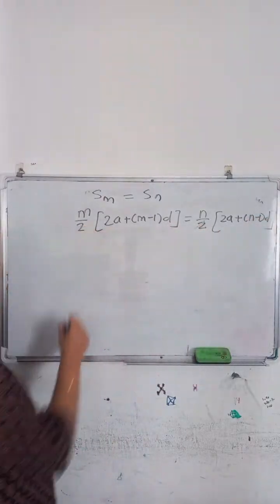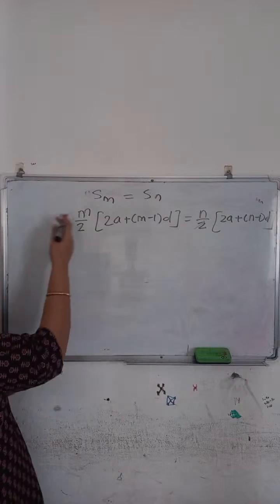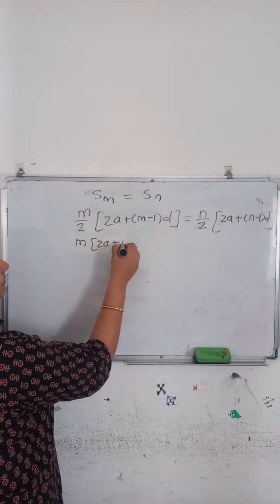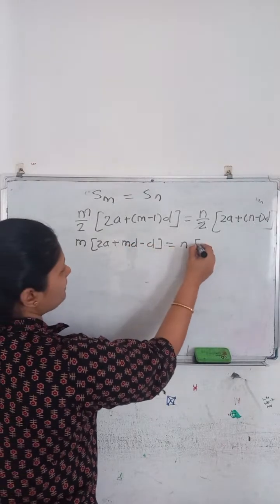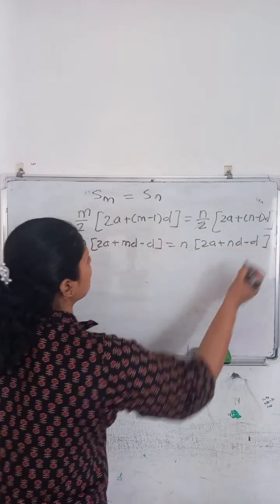Now here 2 and 2 get cancelled. Once you cancel it out, then multiply everything inside the bracket. Keep m as it is, twice of a plus md minus d, and here n inside the bracket 2a plus nd minus d.